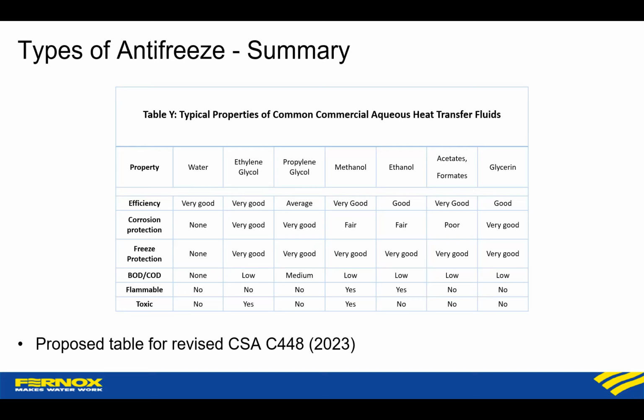I think potassium acetate became popular in North America, and I think it was sold as a sort of bananas and pears, but they can be very corrosive. I think how it works is acetates get into small pits and become acetic acid, and then they can cause problems. You've also got flammability issues with alcohols and toxicity issues.